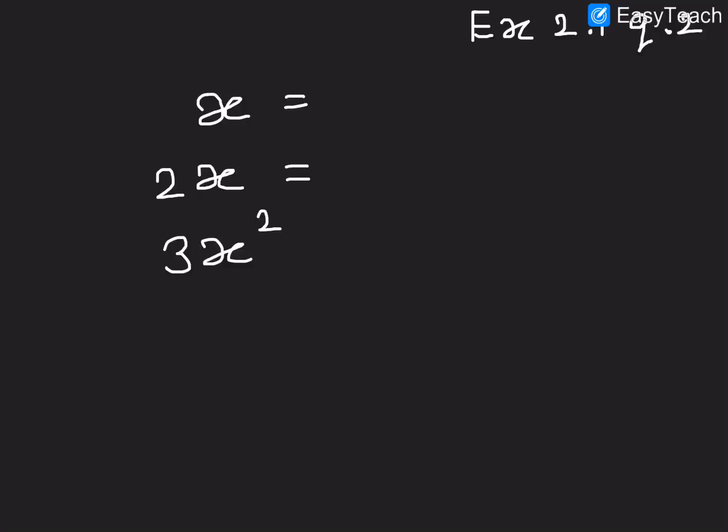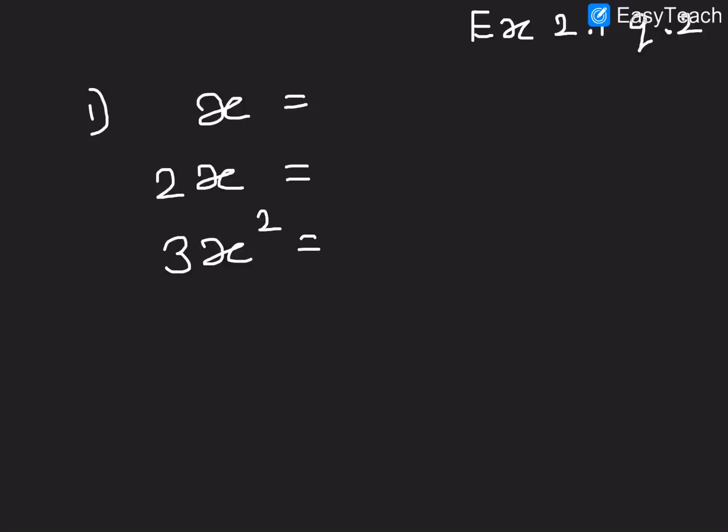So now in this question, the first one, over here I want to understand what is the coefficient of x. In this case, coefficient means what? Which number is associated with this x.